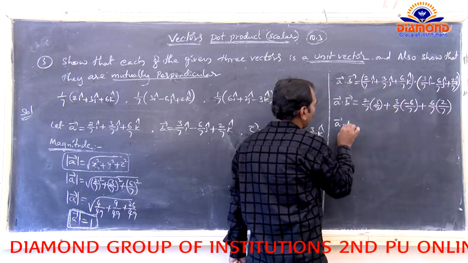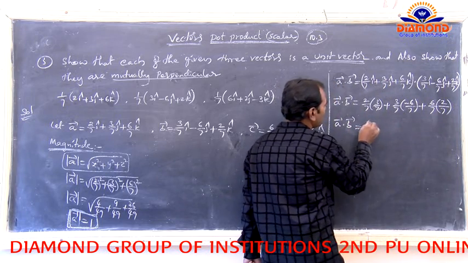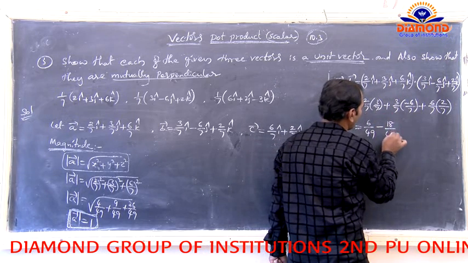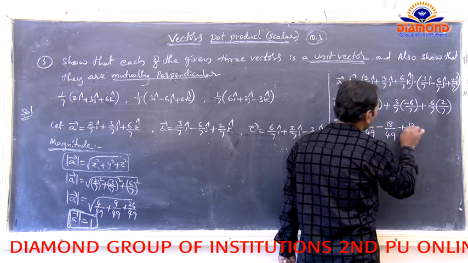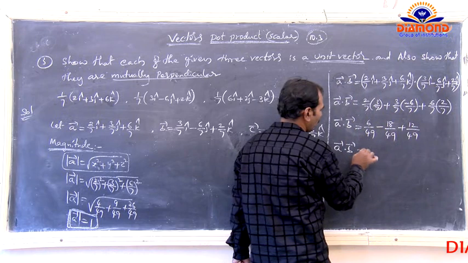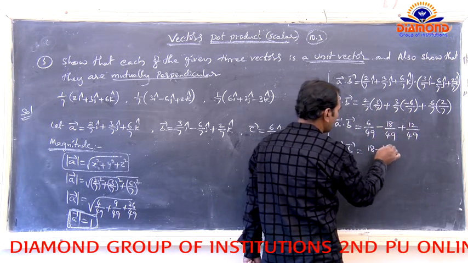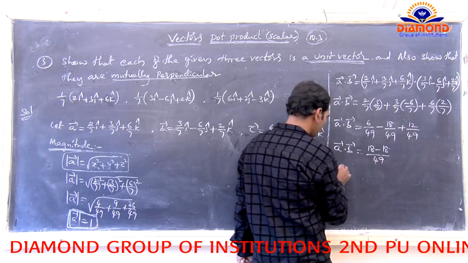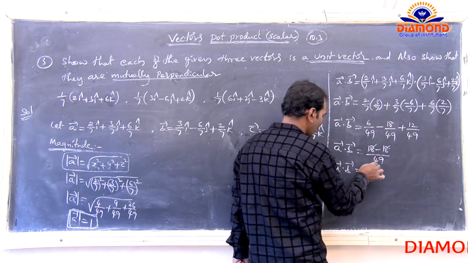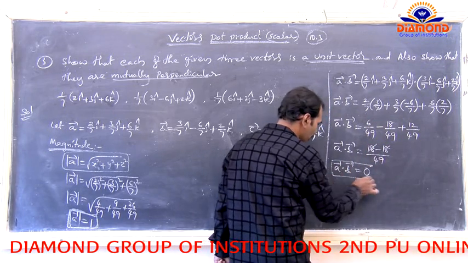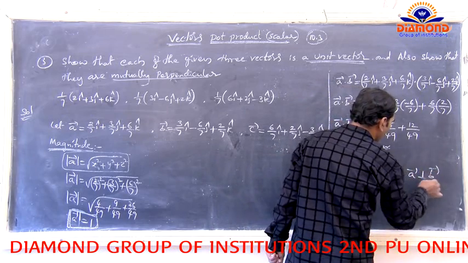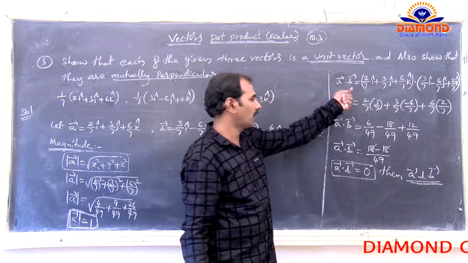So a dot b equals 6 by 49 minus 18 by 49 plus 12 by 49. Taking LCM 49, that is 6 plus 12 minus 18 divided by 49, which is 0 by 49, and 0 by any value is 0. So a vector dot b vector equals 0. Then a is perpendicular to b.